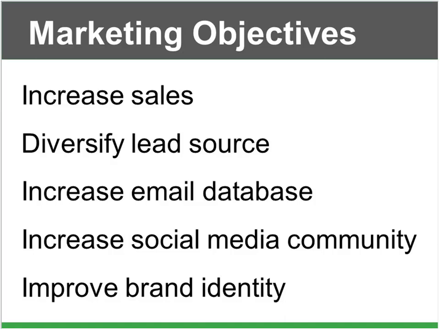The other one could be to increase your social media community. And I go through different stages as a business owner. Sometimes I really like social media, and other times I don't like social media. But I think I'm going through a phase now, an interesting phase, where I'm warming to social media again.